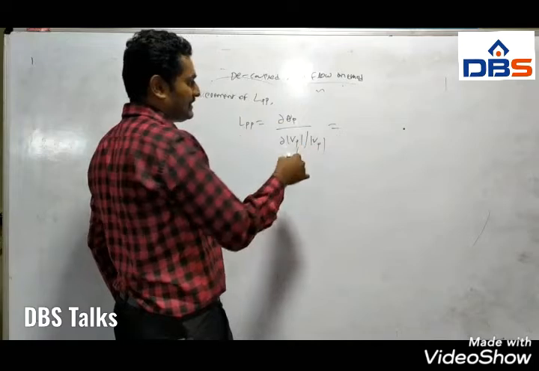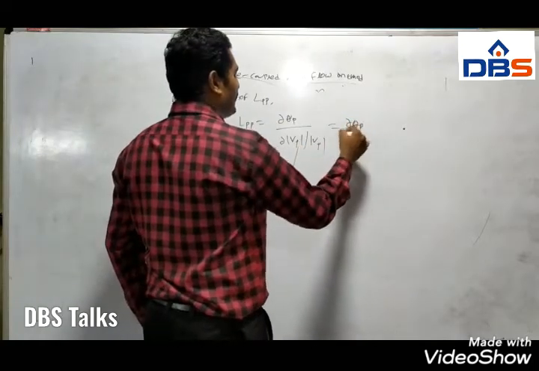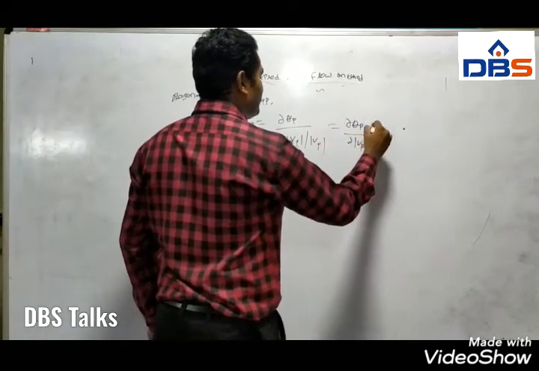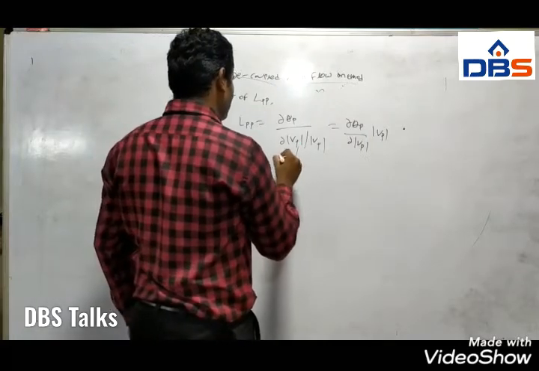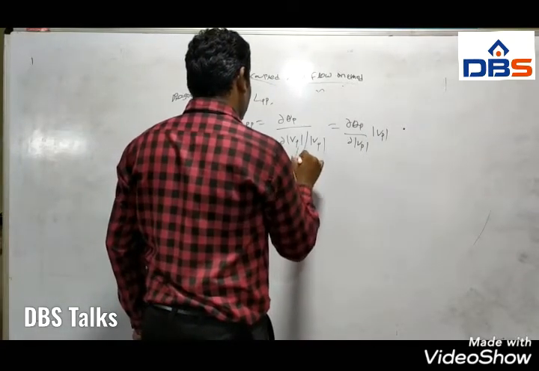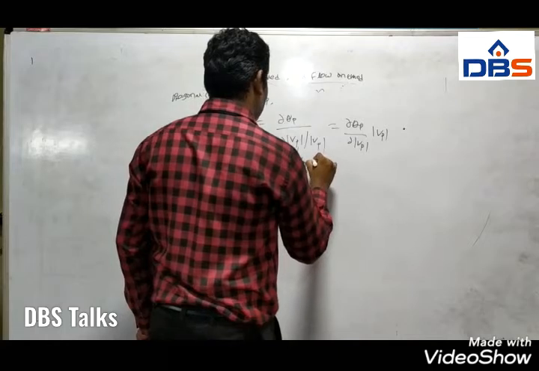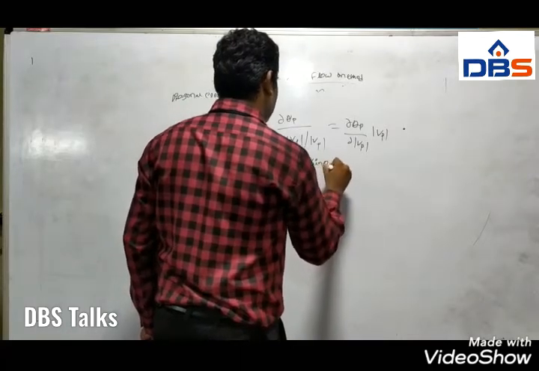So we are rewriting this equation as ∂Qp/∂|Vp| into |Vp|. So here we are having Qp equal to |Vp|² Ypp sin θpp.